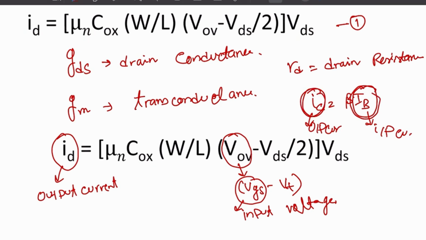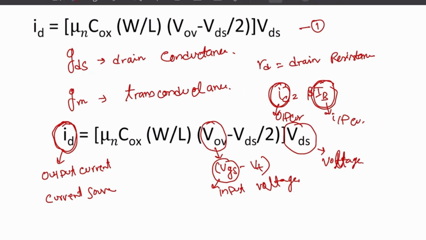Here in this equation you can see the output current is ID, so we can say it is a current source, and the inputs are the drain to source voltage VDS and VGS, so here it is voltage.